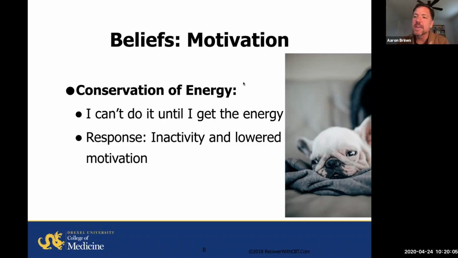These individuals see themselves in this constant state of danger and rejection from the tribe. And so as a result, they need to make sure that they have the energy in case they need to protect themselves. So they're in this constant state of conserving energy, but because they're not exerting energy, they never get more energy.